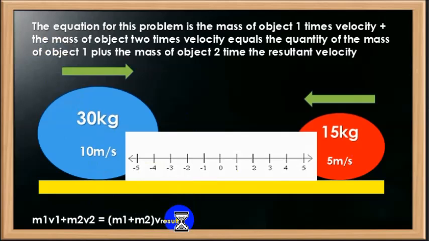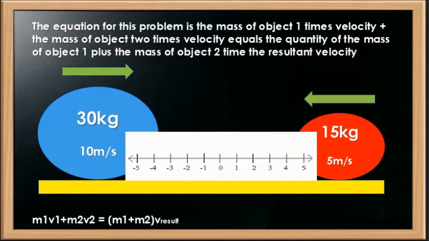V result just means it's going to give us how fast we're going to be moving in meters per second afterwards. Again, we're going to assign a negative sign to this object's velocity because it is going in the left direction. I put the number line here again because whenever we move from right to left, it's going to be assigned a negative number.